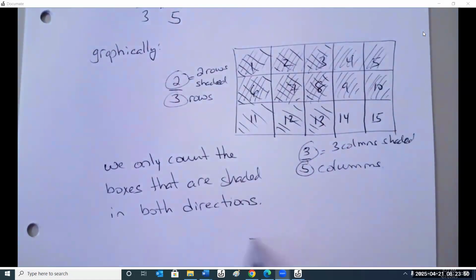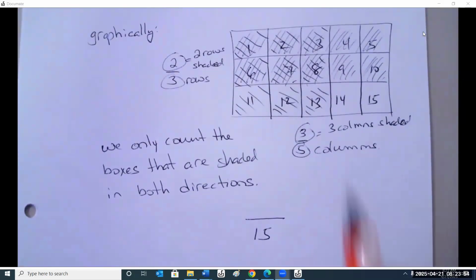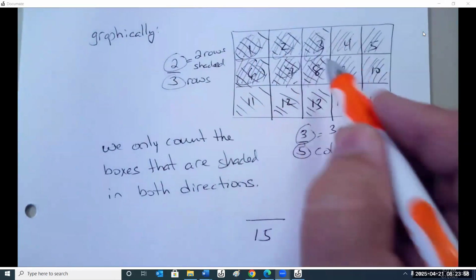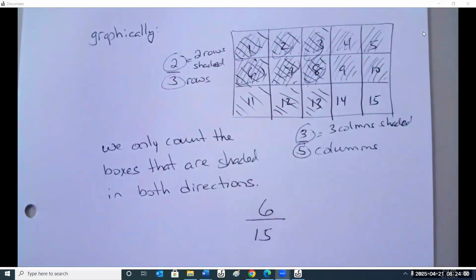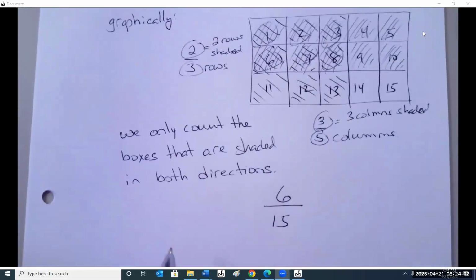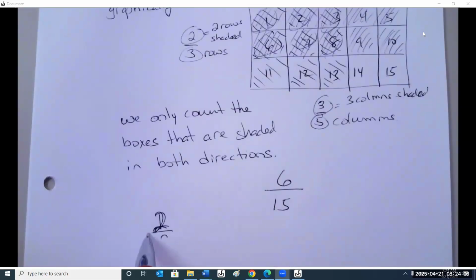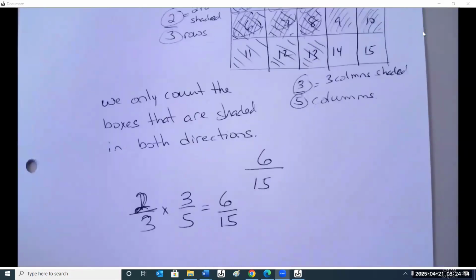We have 15 boxes. And there are only 6 of them that are shaded both directions. So 1/2, or sorry, 2/3 times 3/5 is equal to 6/15.